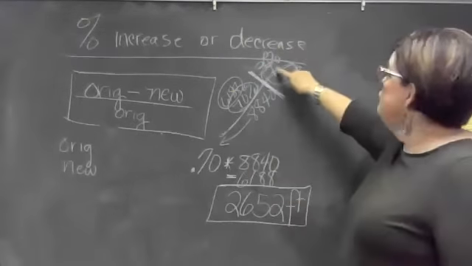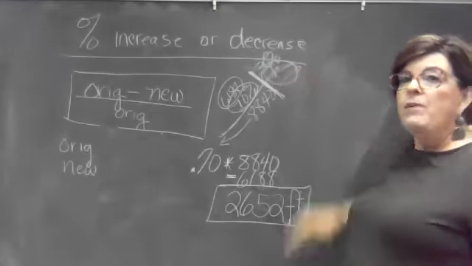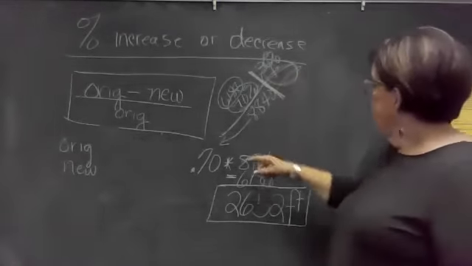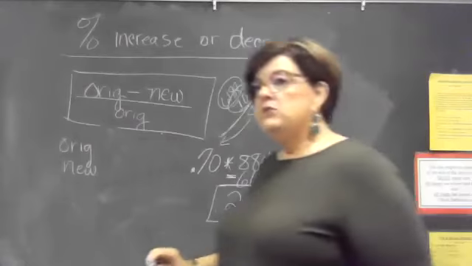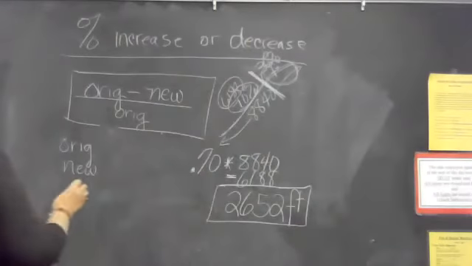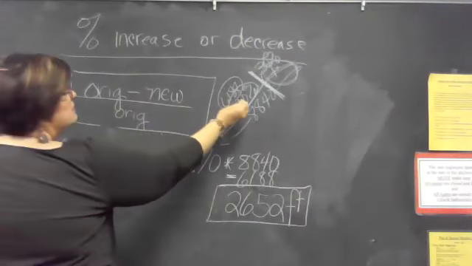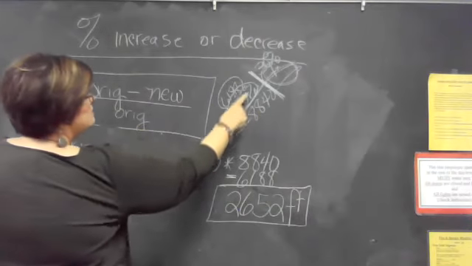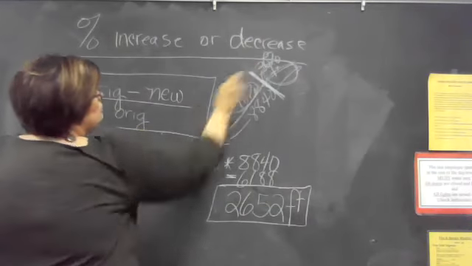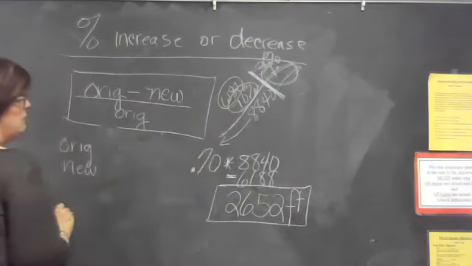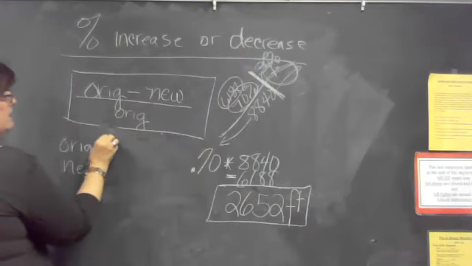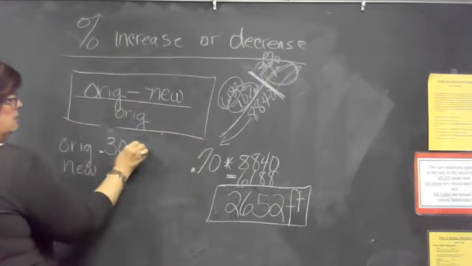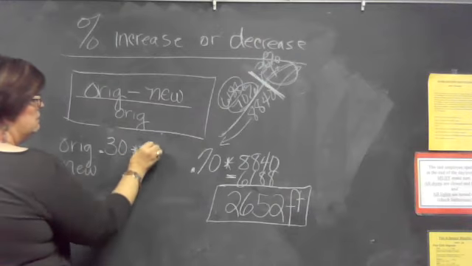So if I want to know this feet, how about if I just take 30% of the whole thing? Let's try. I could say 70% is this, and then I subtract. But a faster way is: this is 70%, then there's 30% more to go. So I say 30% of the whole.